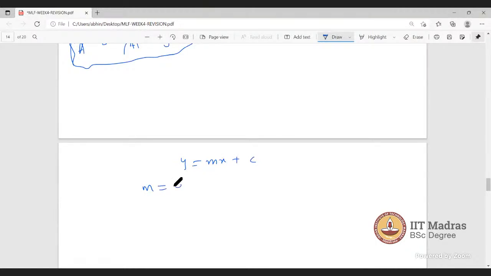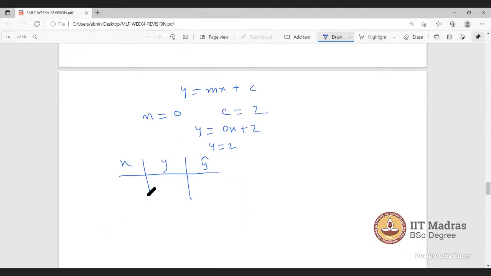Yeah, so your slope is 0 and the intercept is 2. So you have this x and y. You can draw a table with x and y, and write y hat as 2. Y hat is equal to 2. Yeah, that's it.